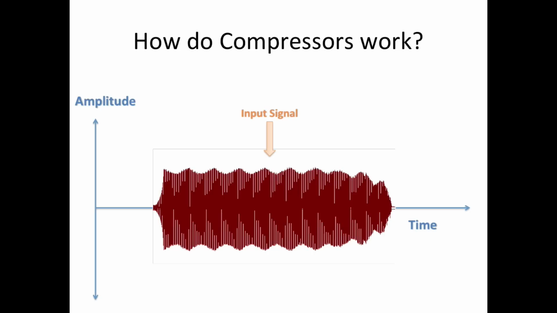So if this is our input signal that's going into our compressor, the compressor is going to actually analyze the signal to get out something along the lines of what's called a signal's envelope. And that looks like something like this, where the black line just gets out kind of the average amplitude over time, and it's going to work with the envelope rather than all these minor fluctuations in the signal.